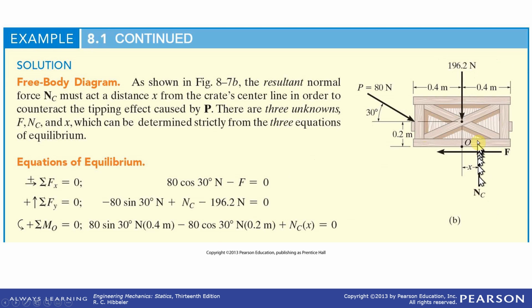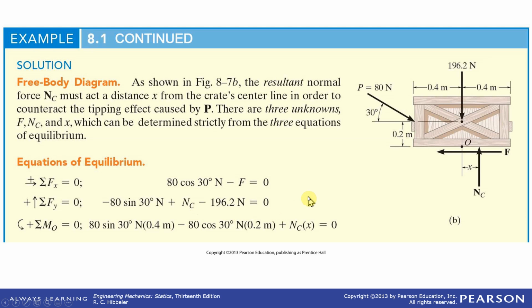I take that back. You also have this force at an angle acting down. So you actually have to add 40 newtons to it. So here's 40, 80 sine 30 is 40. 196.2, 236.2 has to equal NC.